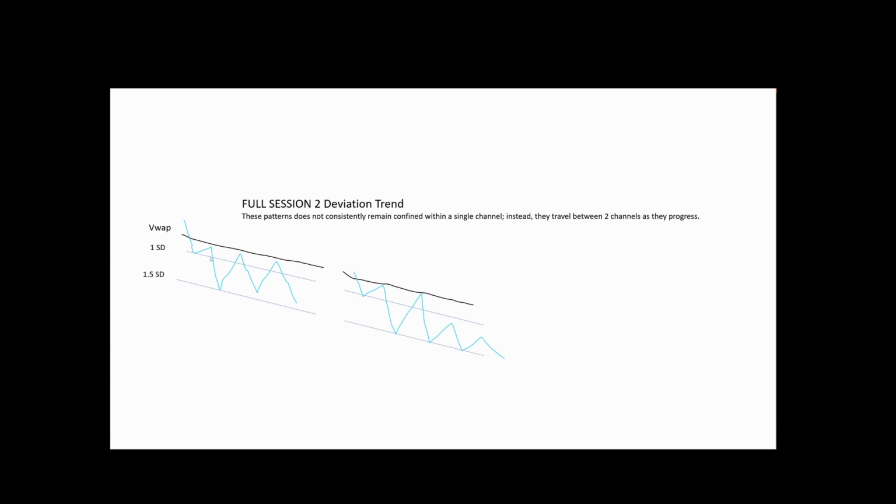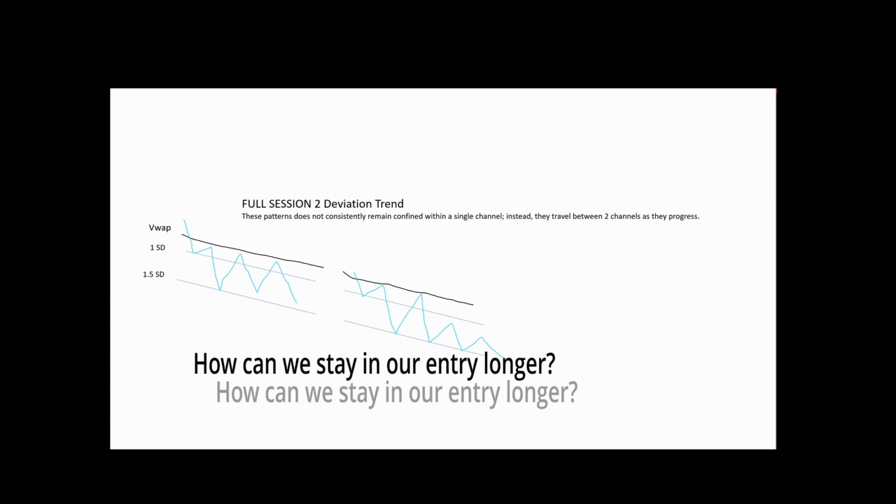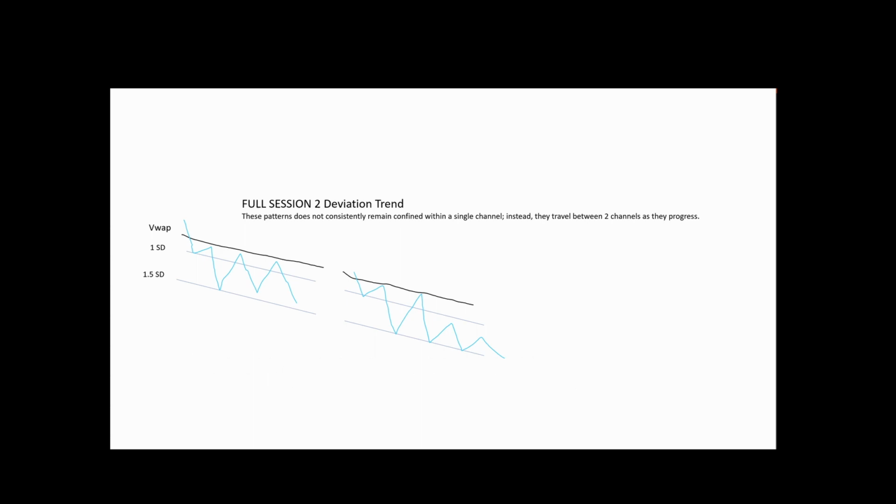This is a 2 standard deviation trend, where price moves below VWAP and will fluctuate in between 2 channels. As we progress into this, think about how, with these defined trends, we can try to stay in these trends longer.